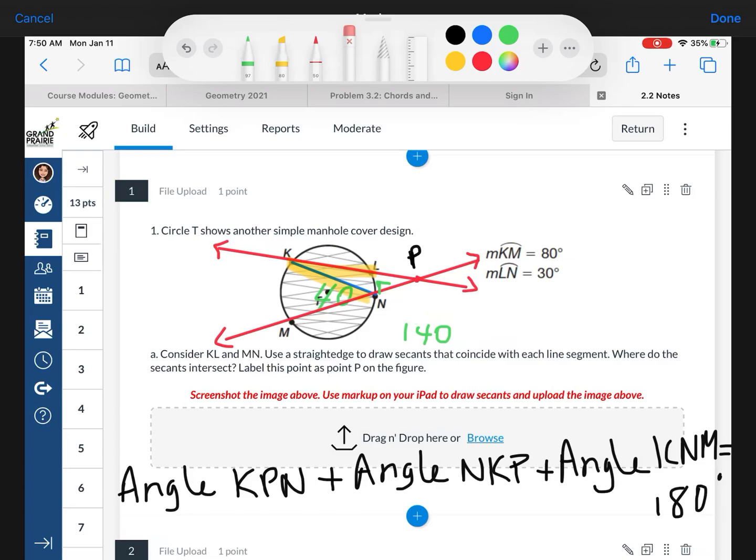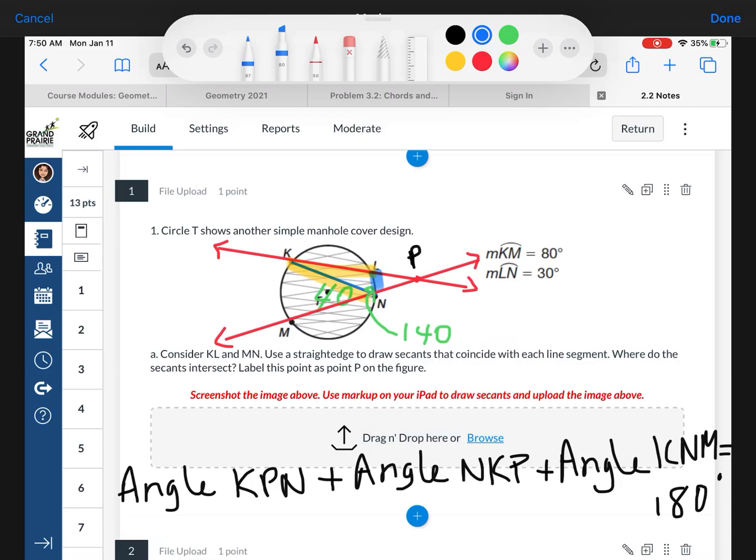Let me erase this arrow that's probably confusing you. There we go. So this yellow angle I have highlighted is also an inscribed angle. And remember we talked about how this arc right there is 30 degrees.